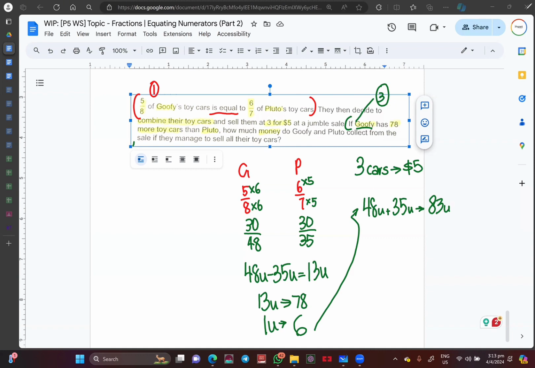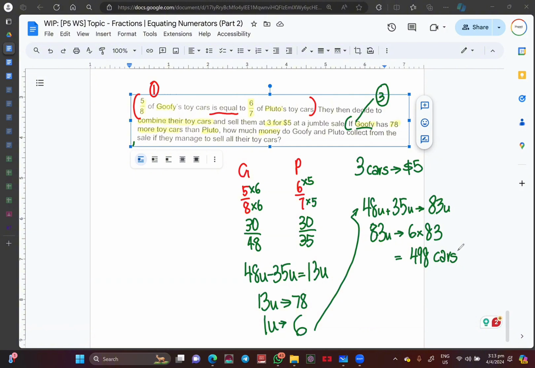How many cars are there in 83 units? I just want the process. 6 times 48 and 6 times 35 and add the answers, or you can do just 6 times 83. So therefore, I have 498 cars.